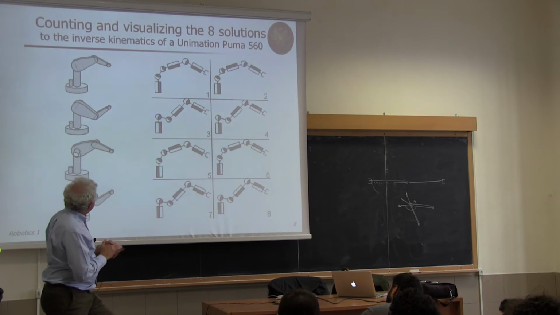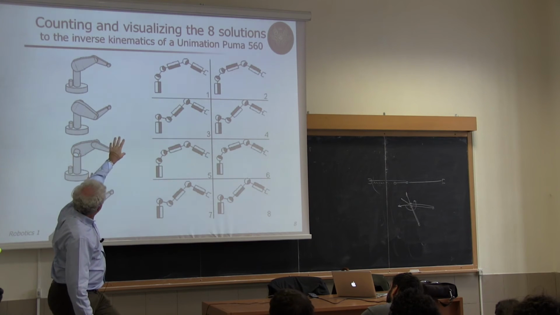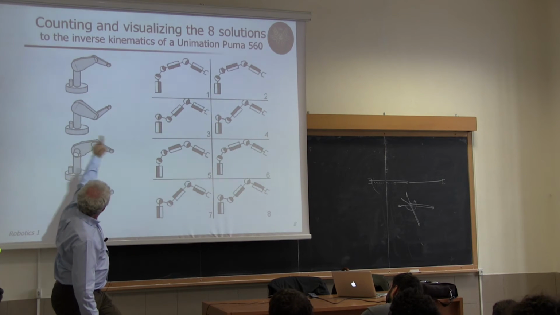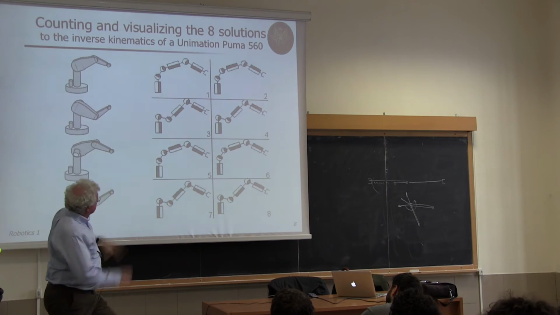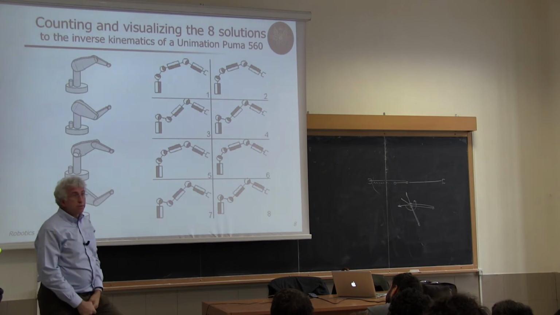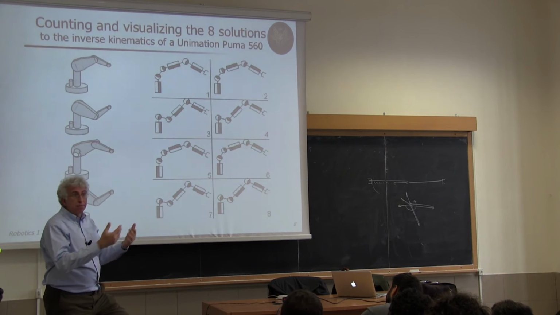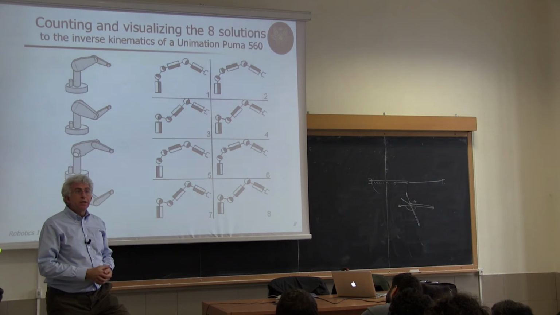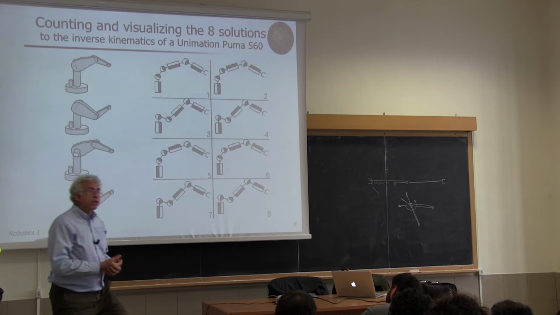Okay? And again, this qualifies the base, and then the elbow up are the first 2, and then you see again a combination below, below, and up, up of joints 4 and 6 for the orientation.